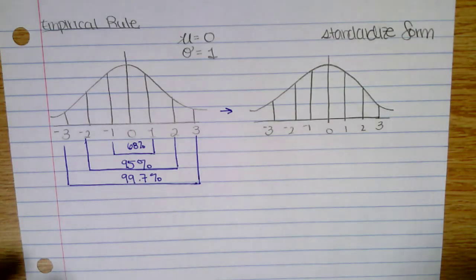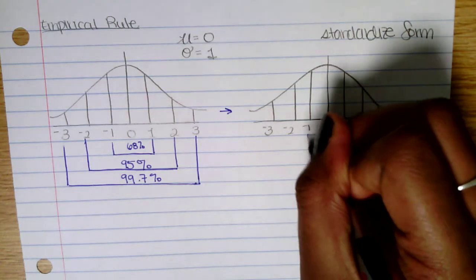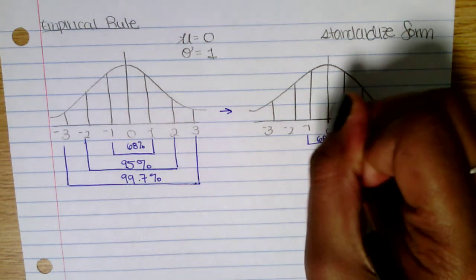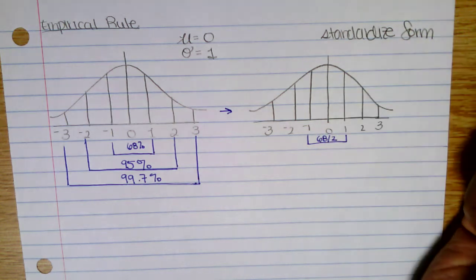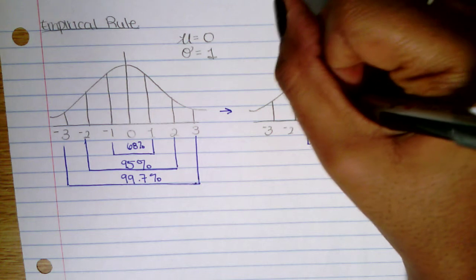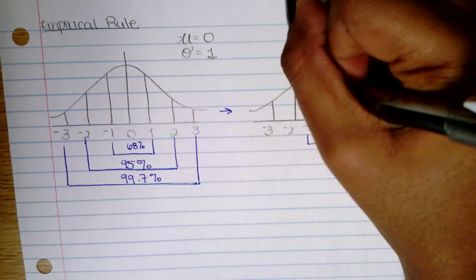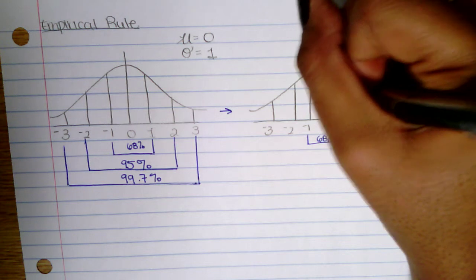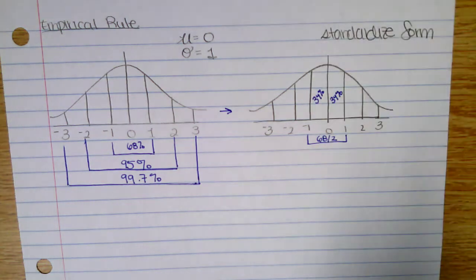If we have 68% of the data falling in here, 68 divided by 2 is 34. So from 0 to -1, 34% of the data will lie in here. And from 0 to +1, 34% of the data will lie in here.